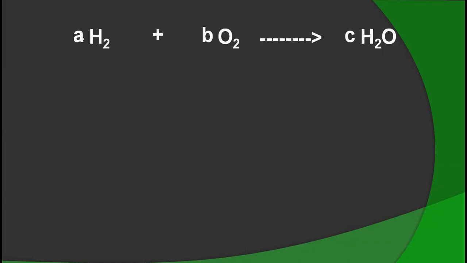And assume after placing A, B, and C, let us assume this equation has got perfectly balanced, which means the number of hydrogen atoms on either side and the number of oxygen atoms on either side are equal. Okay.